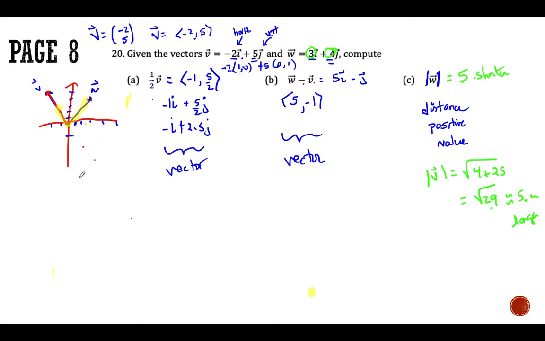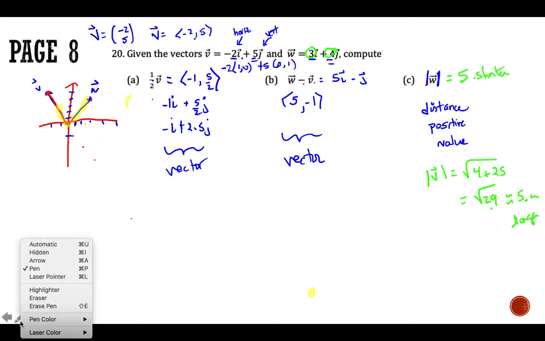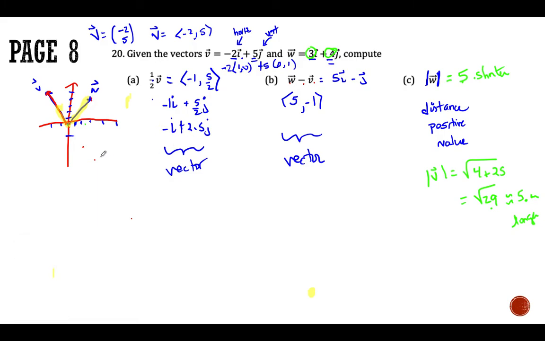So, with this, and I haven't even really drawn it to scale at all, but look at the angle between these two. I'm not asking what that angle is, except, is it 90 degrees, right? Those two vectors are not perpendicular, so the dot product should not be 0. It should be a number, right?